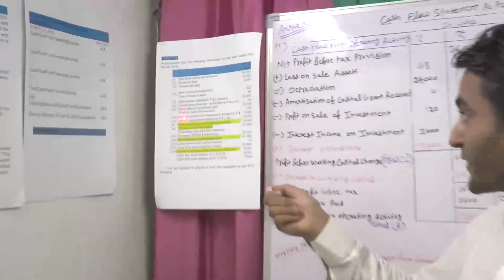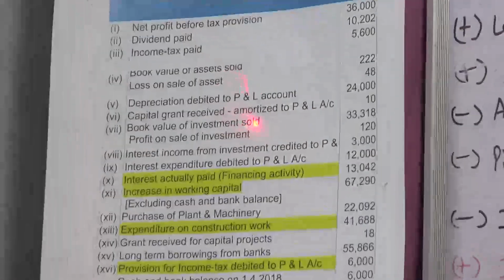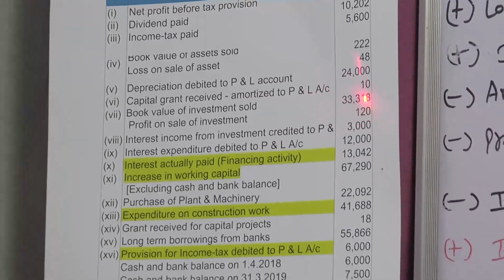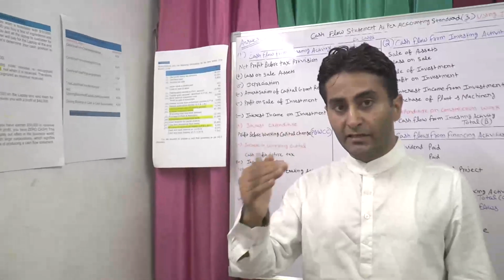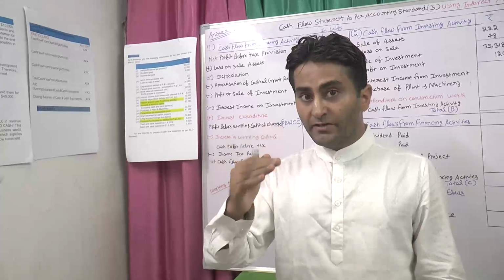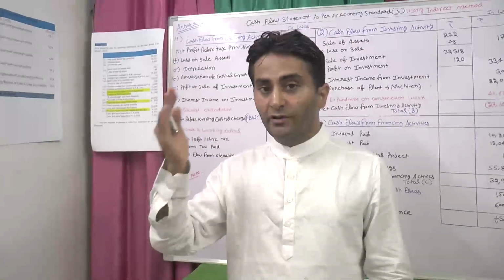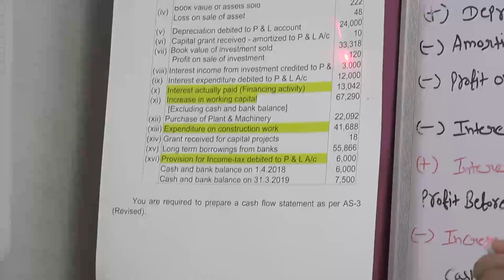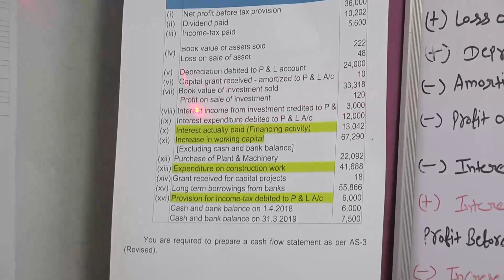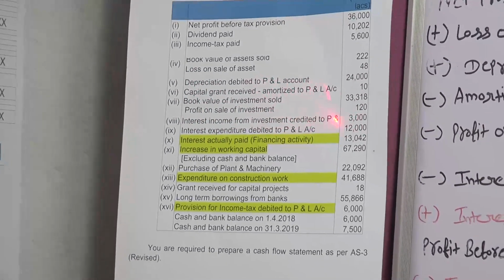Next is capital grant receipt amortized to profit and loss account 10. Capital grant receipt is an item of non-operating income, so it will be deducted from profit before tax and it will come under operating activity. Next is book value of investment sold 33,318. Profit on sale of investment 120.